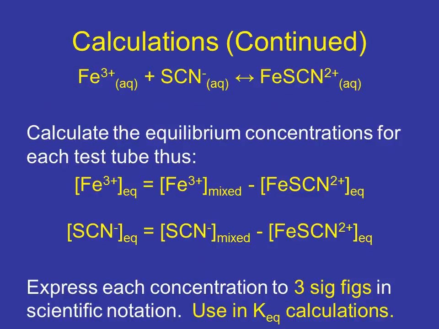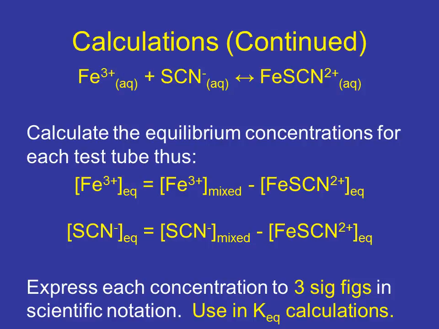Because your reaction systems are in chemical equilibrium, you have to calculate the equilibrium concentrations for each test tube. The equilibrium concentration of the iron 3 is equal to the iron 3 concentration upon mixing minus the concentration of thiocyanate iron at equilibrium.